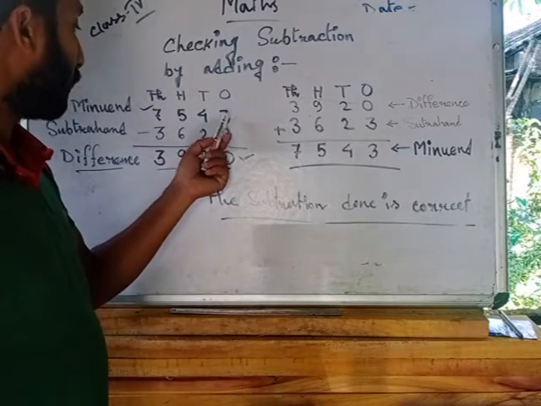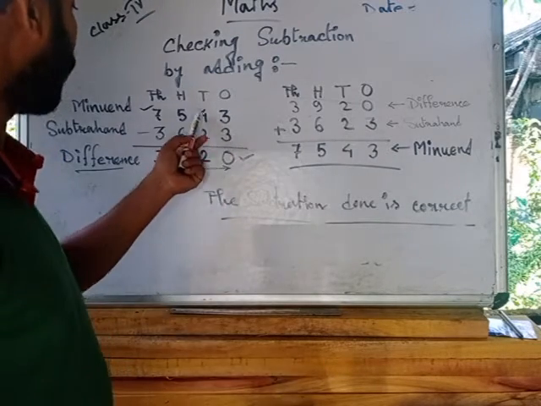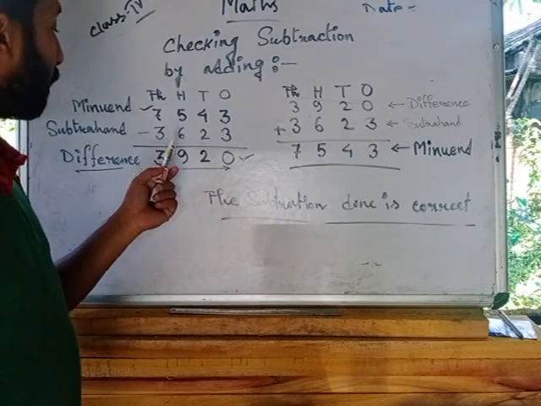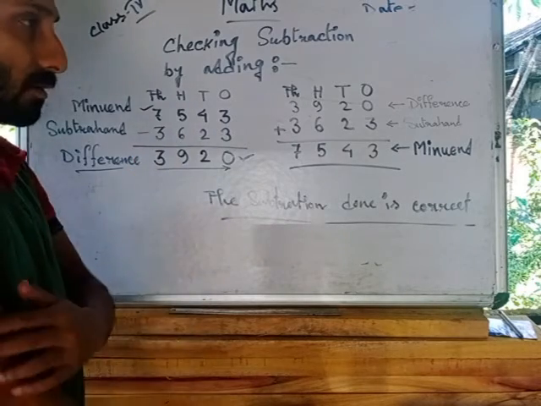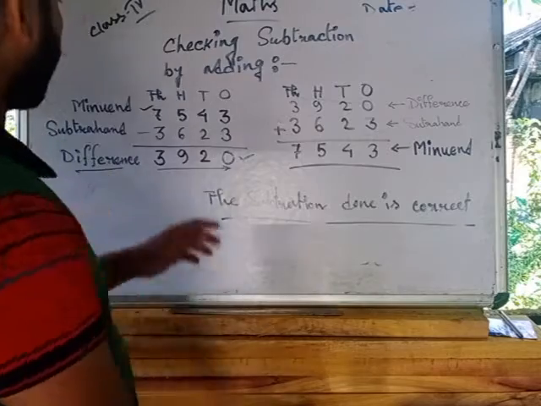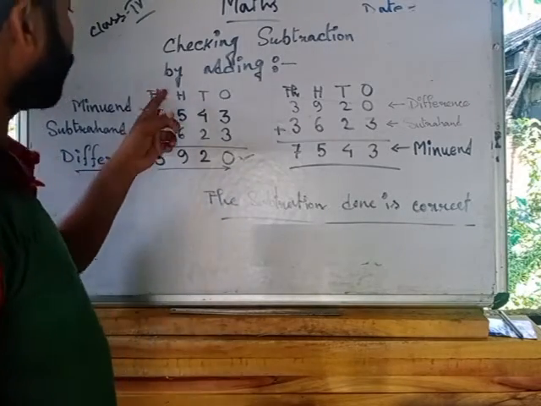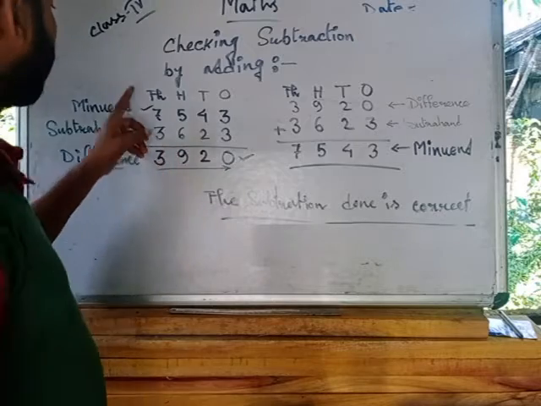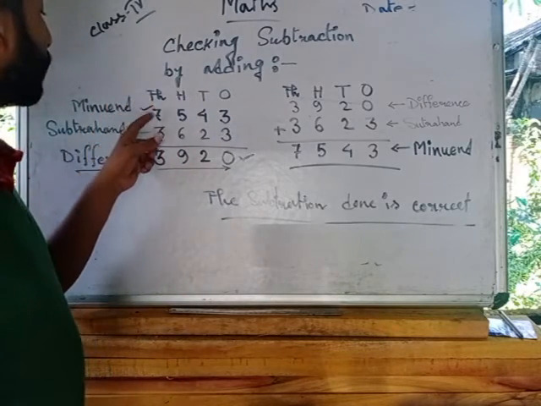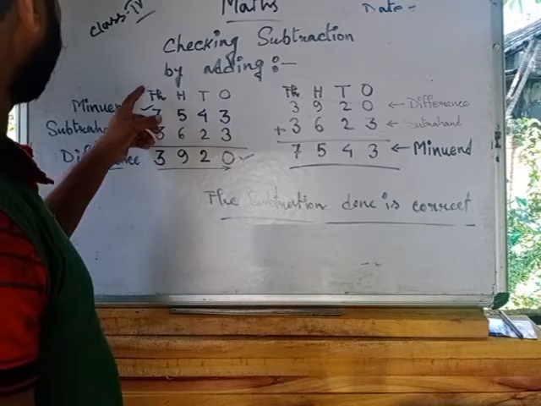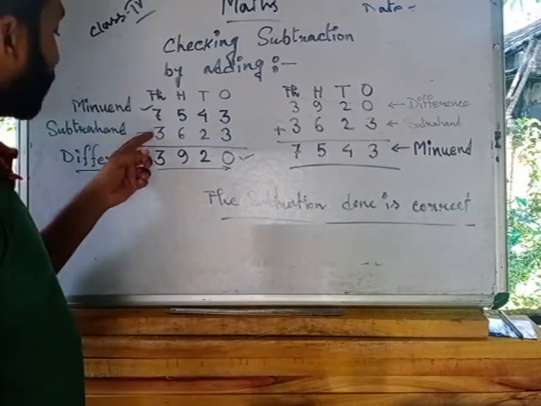Let's go. 3 minus 3, that is 0. 4 minus 2, that is 2. 5 minus 6, is it possible? No, that's why we should take 1 and make 5 as 15. 15 minus 6, that is 9. And 6 is here because we took 1. 6 minus 3, that is 3.